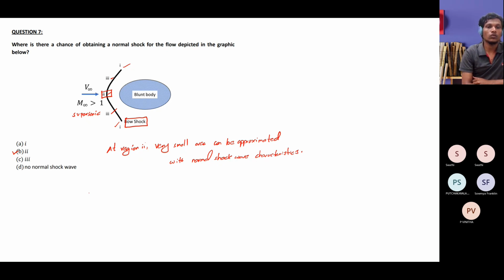Okay, so this is the solution for this question. So we can approximate the bow shock, and near the leading edge, you can say the properties are similar to the normal shock wave.